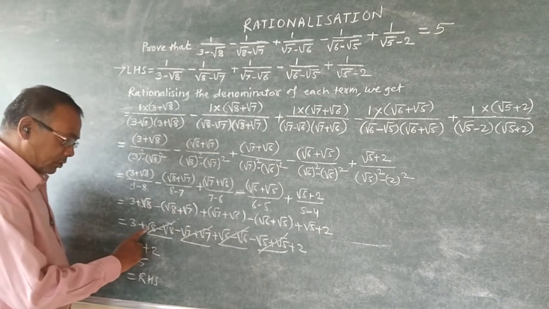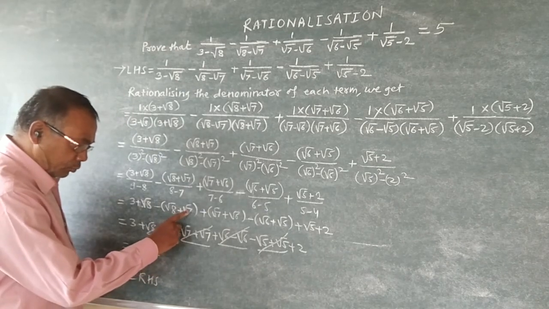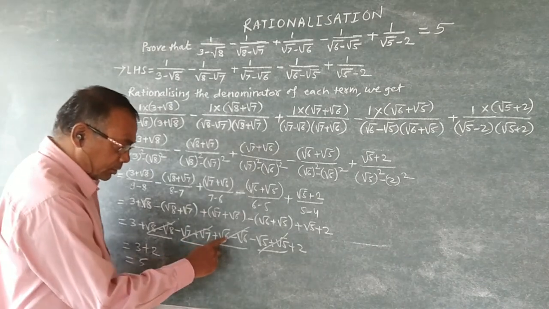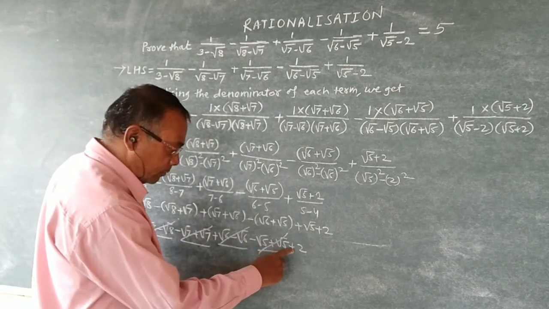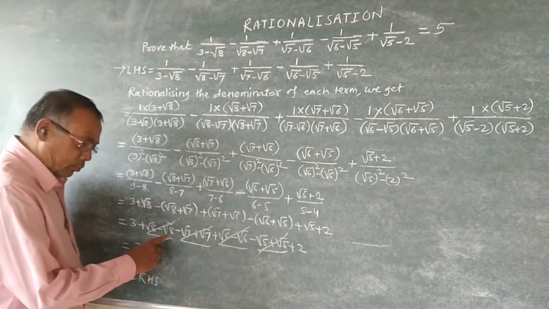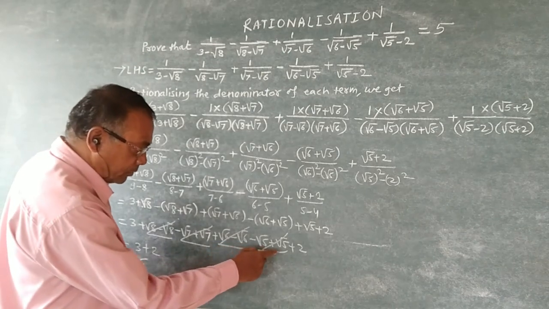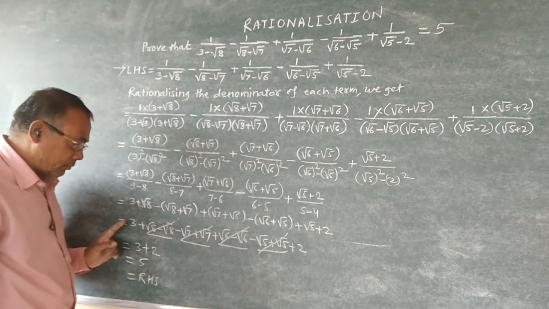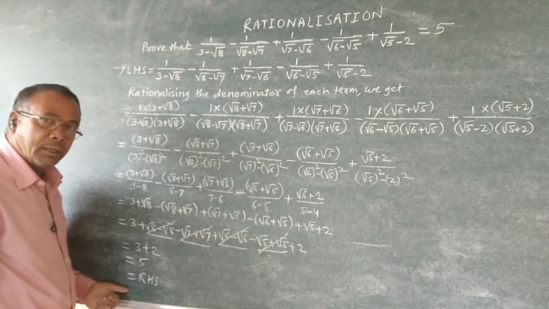So we will get 3 plus root 8 minus root 8 minus root 7 plus root 7 plus root 6 minus root 6 minus root 5 plus root 5 plus 2. Here root 8, root 7, root 6, root 5 and minus root 5, all these terms will get cancelled and we will get 3 plus 2, that is equal to 5, and that is our RHS.